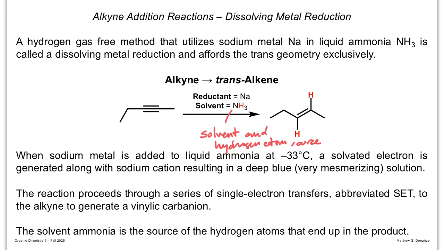So we go from 2 degrees of unsaturation down to 1. And so this is also a partial hydrogenation, but overall it's called a dissolving metal reduction.